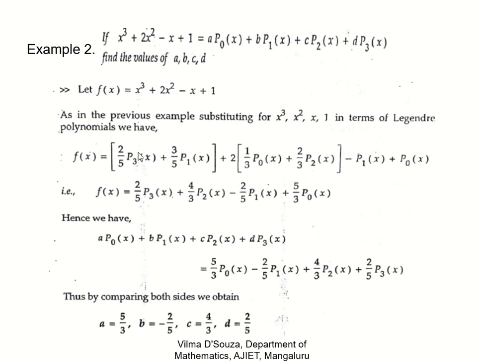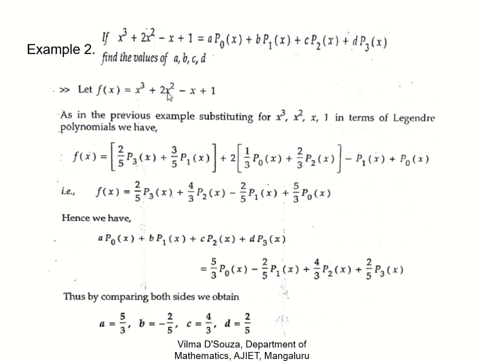Now simplify: only one term containing P3, that is 2 by 5 P3 of x, 4 by 3 P2 of x, coefficient of P1, 3 by 5 minus 1. Take the common denominator as 5, 3 minus 5 by 5. So minus 2 by 5 P1 of x, plus coefficient of P0, 2 by 3 plus 1, that is 5 by 3 P0 of x.